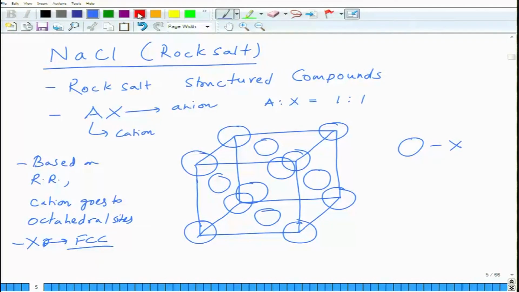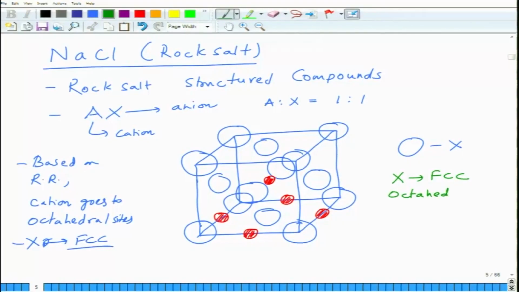Which are the octahedral sites now? This is an octahedral site in the center. This is an octahedral site. This is an octahedral site. This is an octahedral site. This is an octahedral site. So, X makes a FCC lattice.